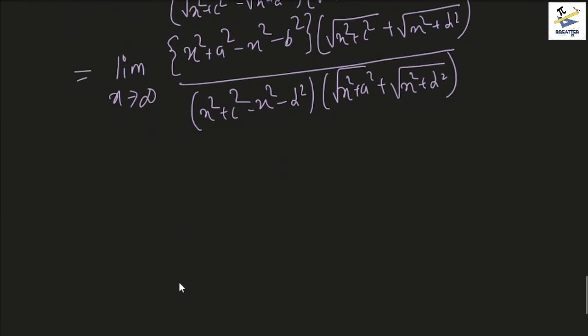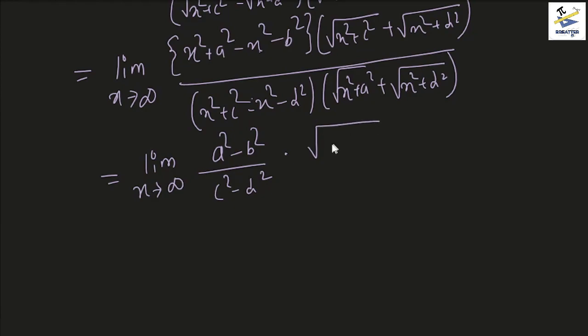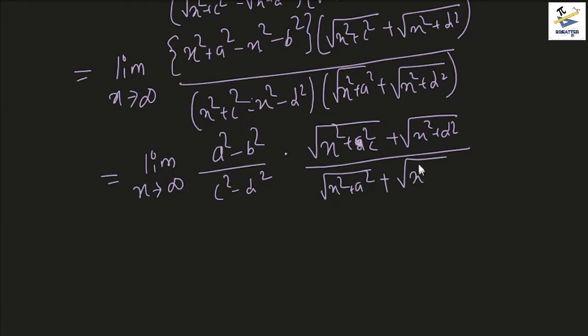Okay, now the x squares get cancelled off in these two expressions, and what we get is this: limit x tends to infinity, a square minus b square by c square minus d square, multiplied by root over x square plus c square plus root over x square plus d square, divided by root over of x square plus a square plus root over of x square plus b square. Right?